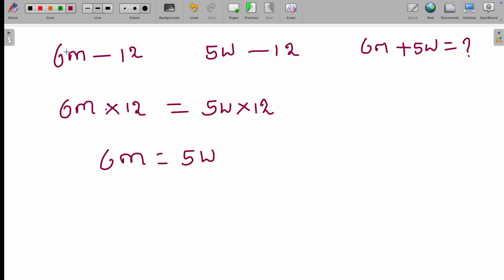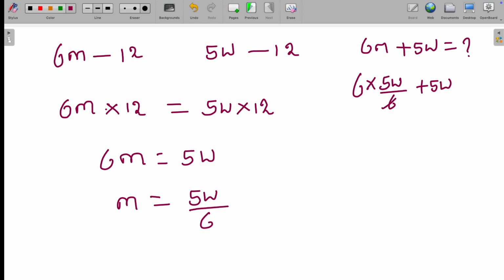Now convert all men to women. Can I write 1 man is equal to 5W divided by 6? Correct? Now in the place of M, I can write 5W by 6. So 6 into 5W by 6 plus 5 women. That only I need to find out. 6 gets cancelled. 5W plus 5W is 10 women.